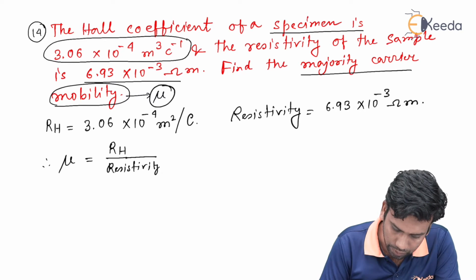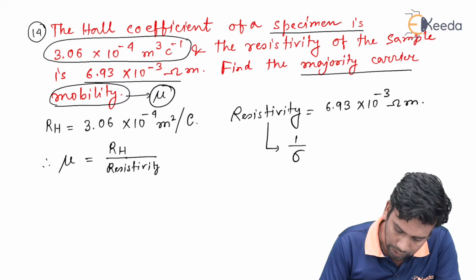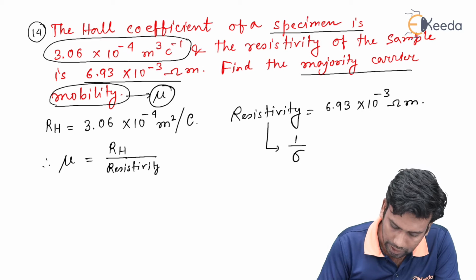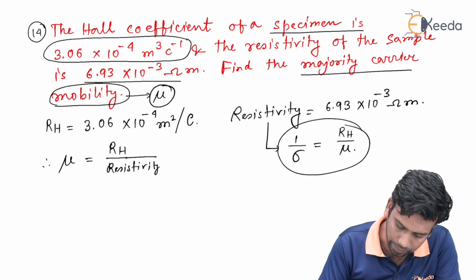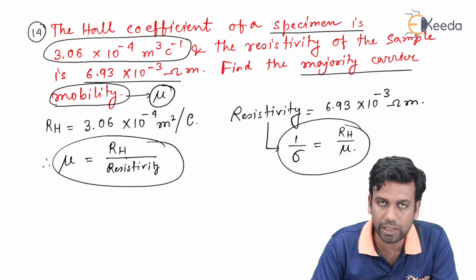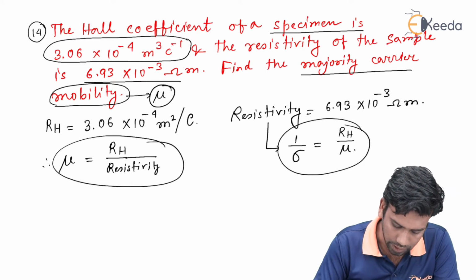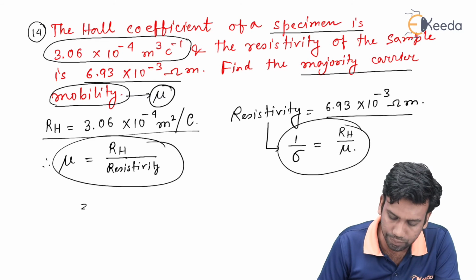Because we know that the resistivity can be written as 1 by conductivity, and the conductivity equation can be written as RH divided by mu. So from this equation we can find the value of mu as the Hall coefficient divided by the resistivity. The Hall coefficient value has been given, and the resistivity value has also been given.